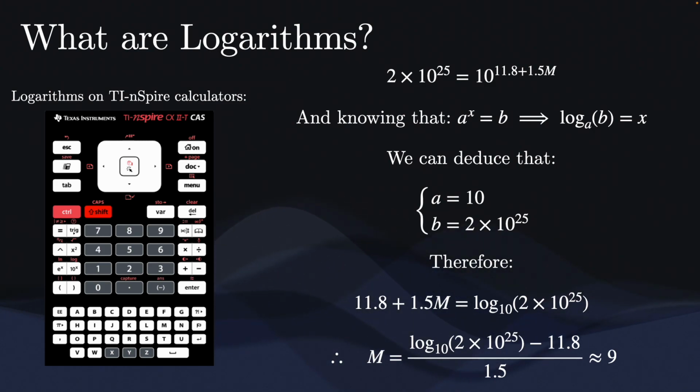On your TI Nspire, to put this equation into your calculator, you first press Control, and then you press this button right here, right below where it says log. Because you've pressed Control, that will put 10 to the x. So you hold Control and press this button right here. And that's it.